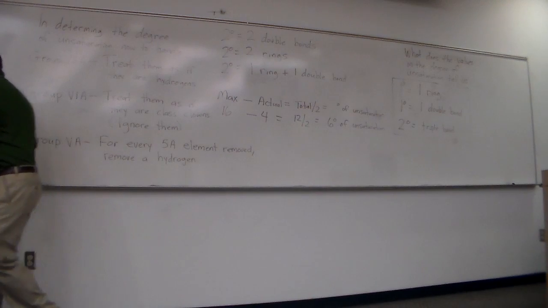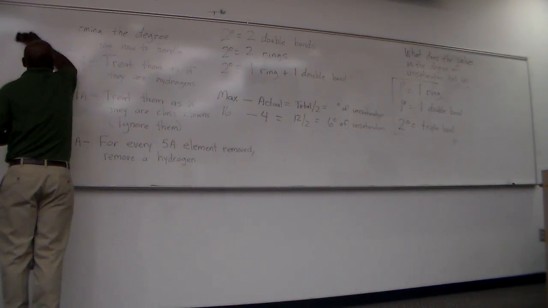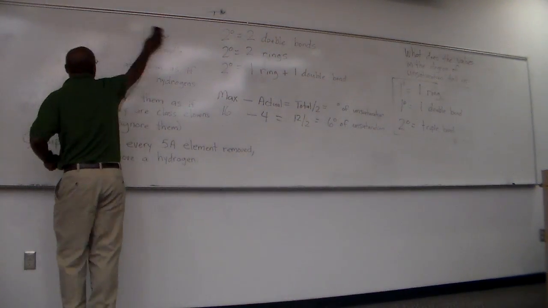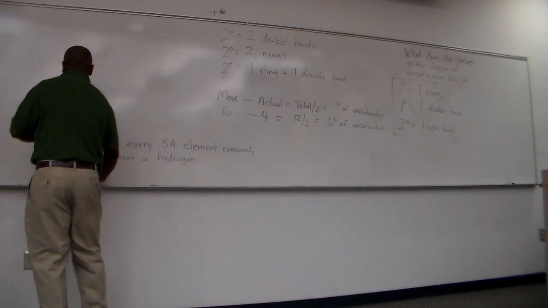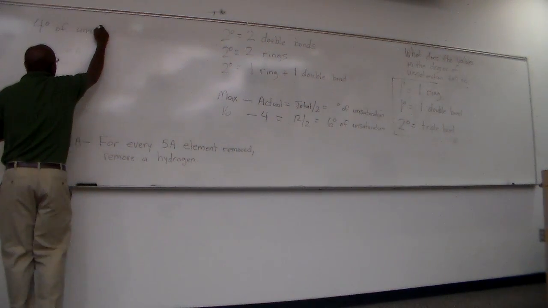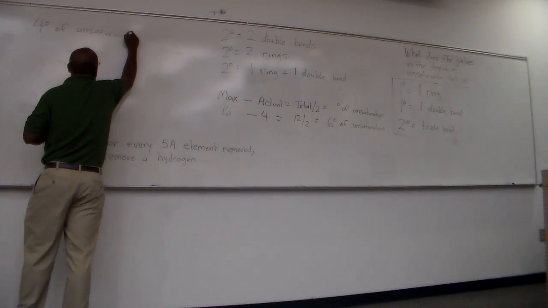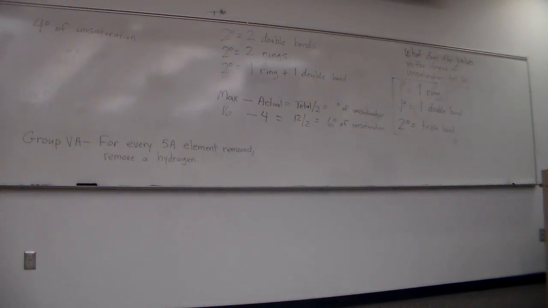Give me 5 ways to get 4 degrees of unsaturation. 2 triple bonds. Even easier than 2 triple bonds, 4 rings. Let's get a pattern to it.